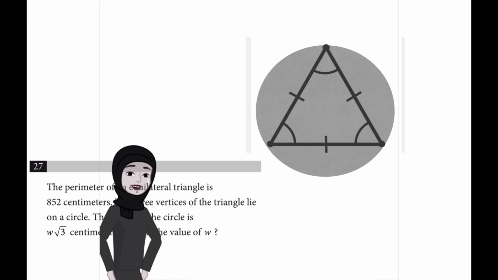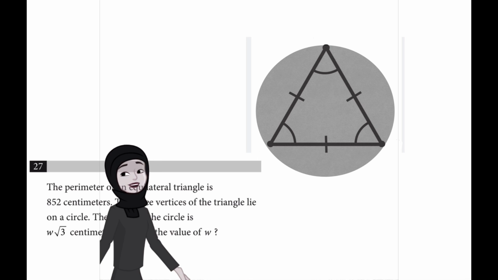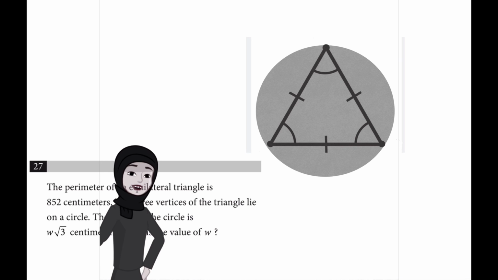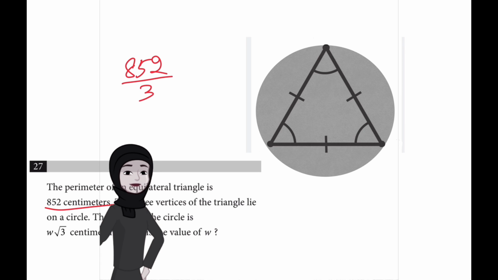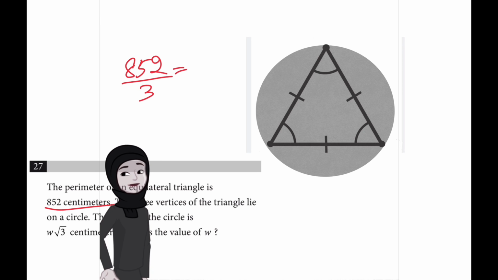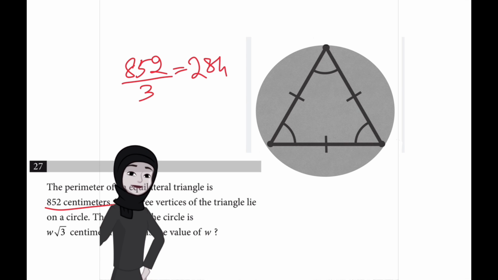Now first we know that the perimeter of a triangle is the sum of the three lengths of its sides. So if you have this equilateral triangle, we have to add all the sides. And the given triangle is equilateral, so what will the length of each side be? If the perimeter is 852, if I divide 852 by 3, I will get the length of each side, and that is 284.